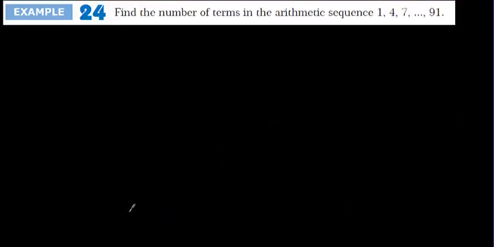Find the number of terms in the arithmetic sequence, it says here. This is the first term, this is the second term, and this is the third term. And this is the nth term, an. So an is going to be equal to a1 plus n minus 1 times d.